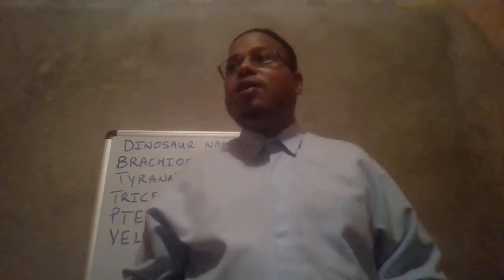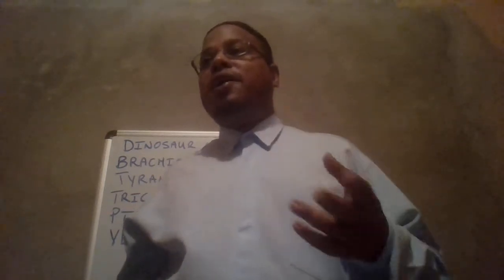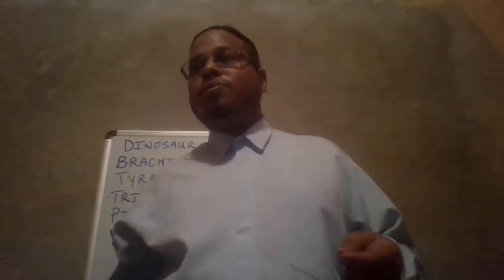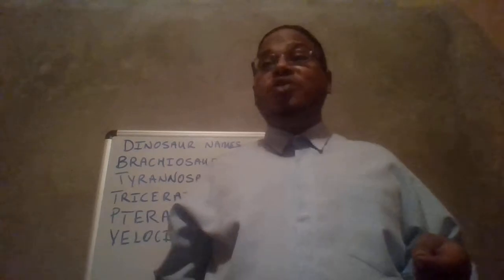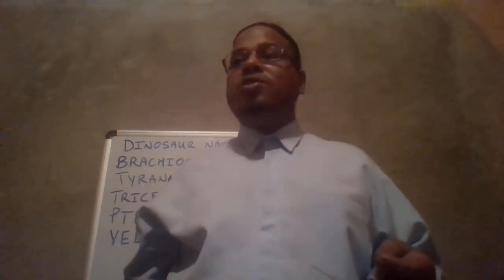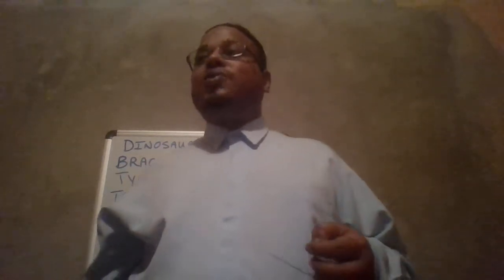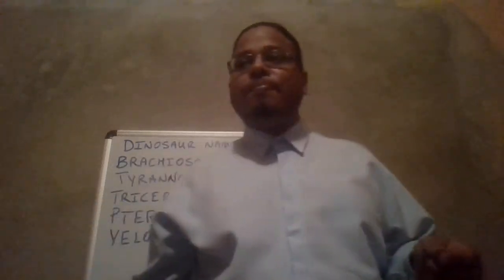Okay. Now, what can you tell me about your goldfish? What do you like about your goldfish? It's pretty. Okay. Anything else you can say about your goldfish? It swims nicely. All right, that's pretty good.